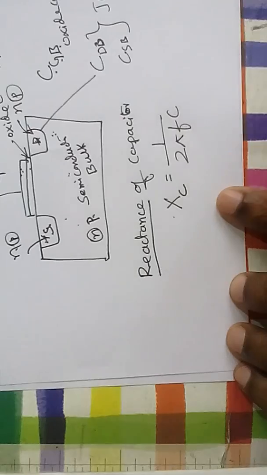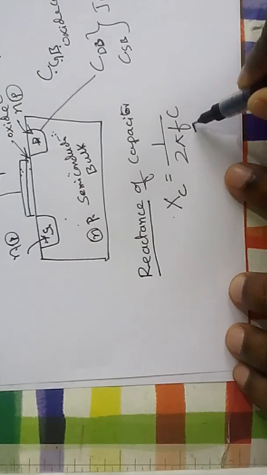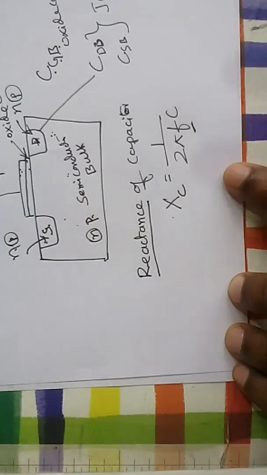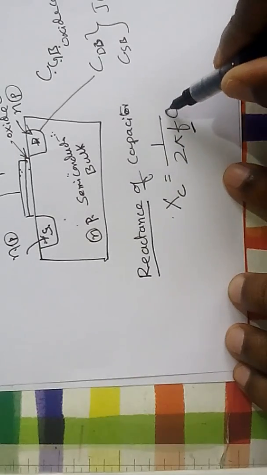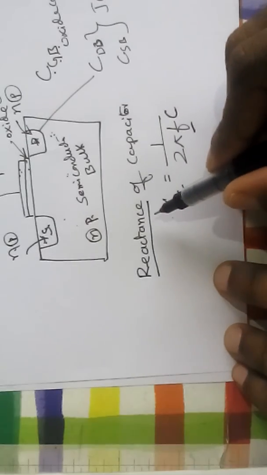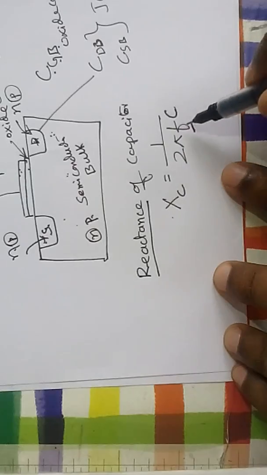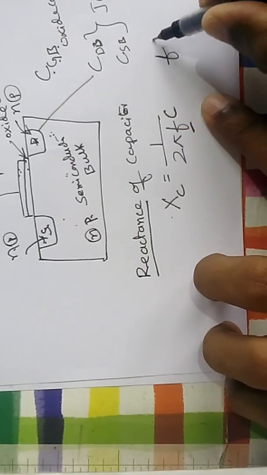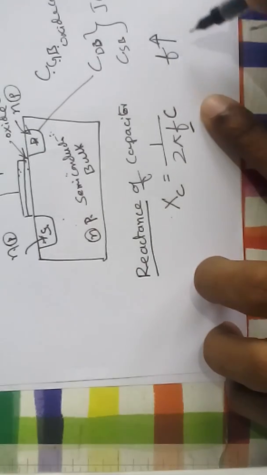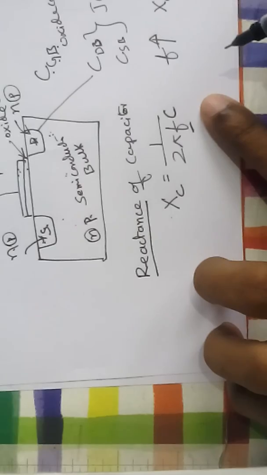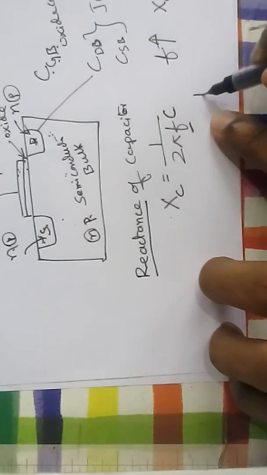This f indicates the frequency of the signal across the capacitor, and C is the value of the capacitance. As we can see, the reactance is a function of frequency. Naturally, as the frequency of the signal is more and more, the reactance of the capacitance is less and less.